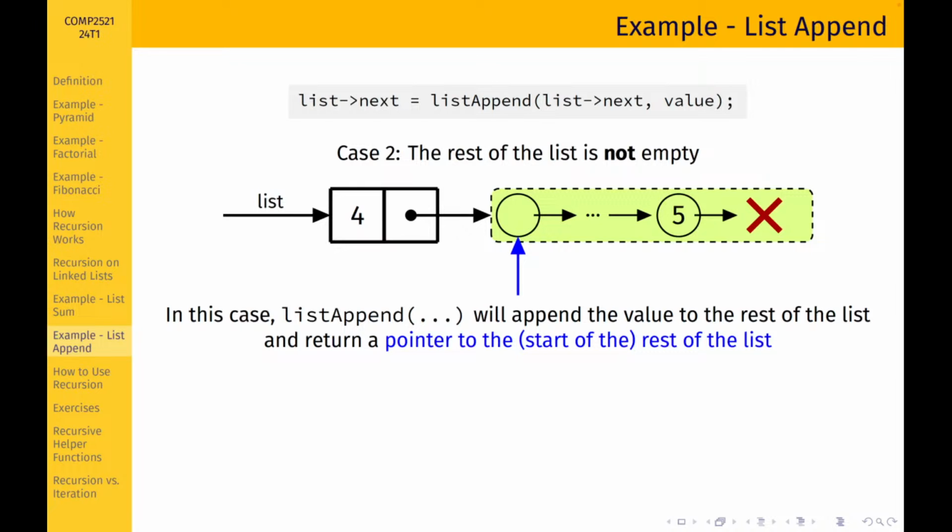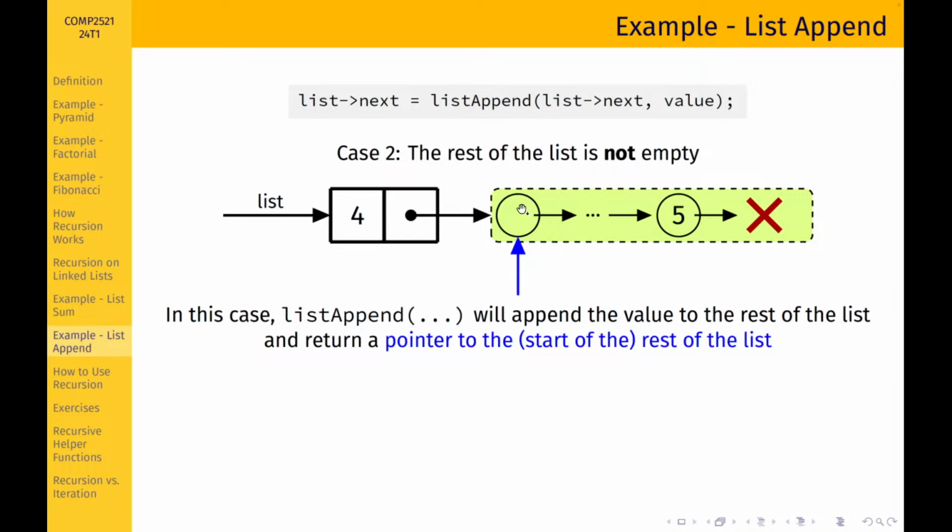And since this rest of the list here wasn't empty, the function is just going to return back the pointer to the first node of this part of the list. I've color-coded these blue so you can see this is what the function here is returning. It's returning a pointer to this node over here.